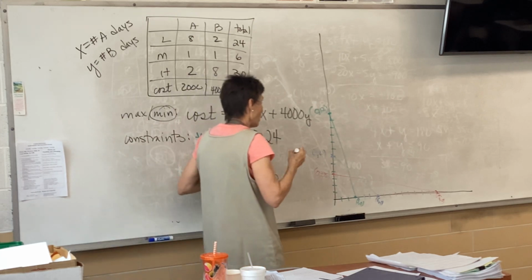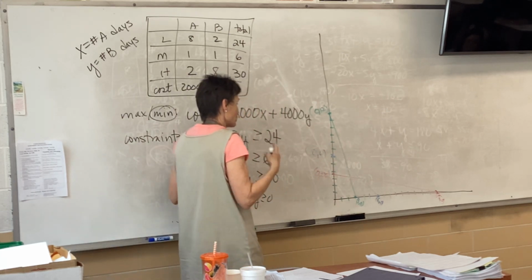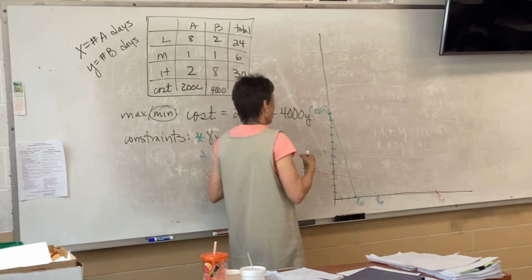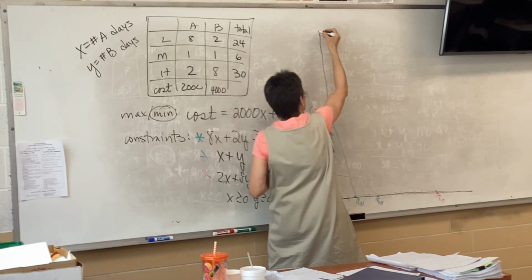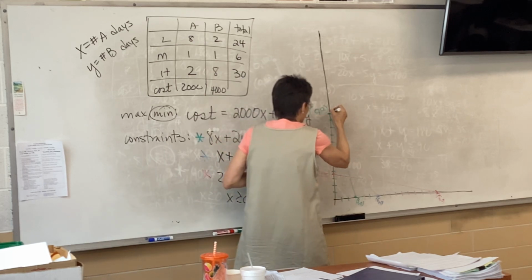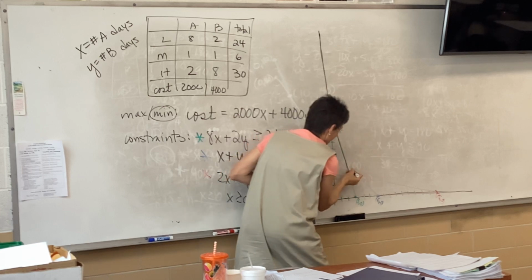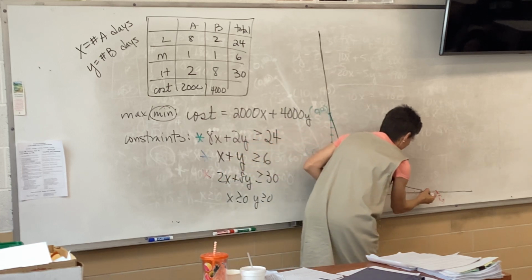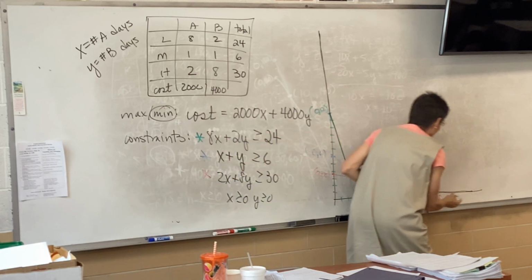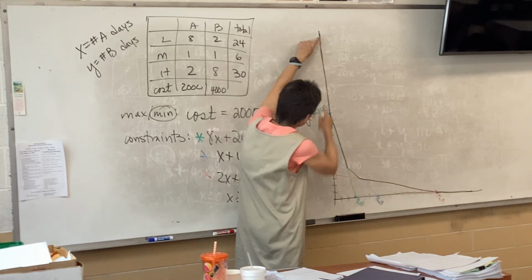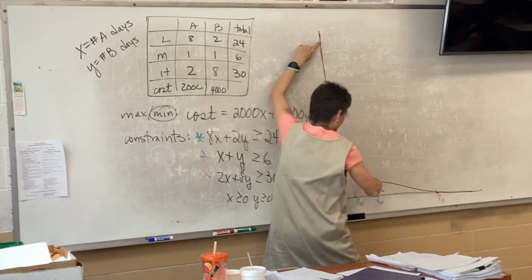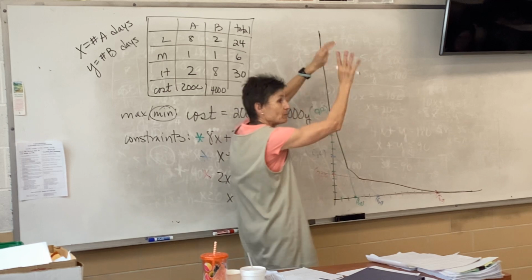So, when I'm all done, if I were actually shading, what would be shaded is this. Would you agree with me that everything, here's my black line, all that would be shaded?